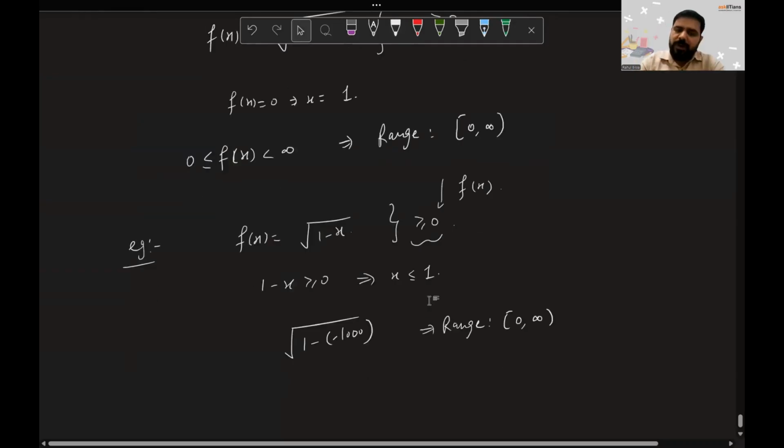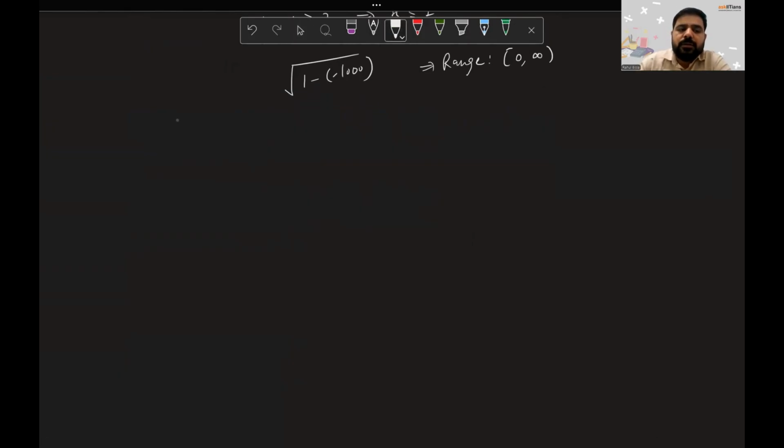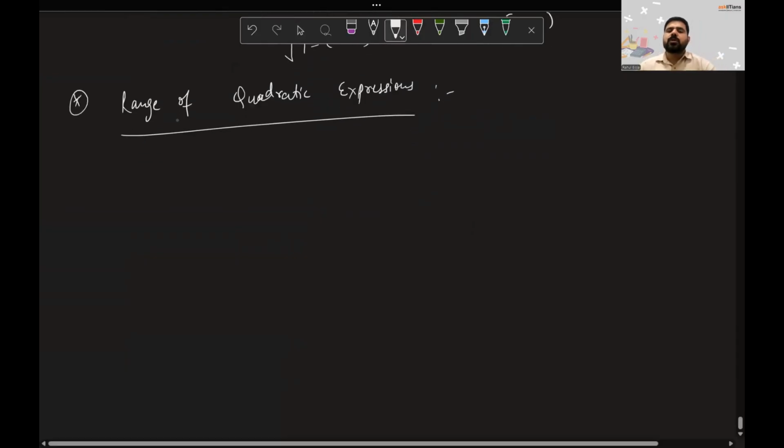But before we end this session, I can give you one more way. Let's say how to find the range of quadratic expressions. You are supposed to find out the range of quadratic expressions.